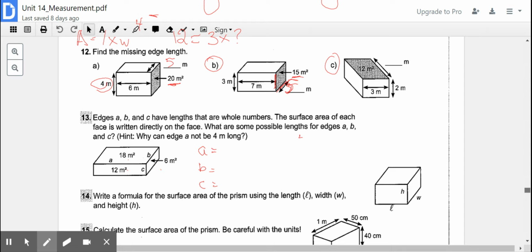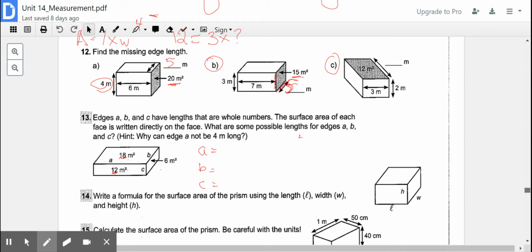I'm guessing that it can't be 4 because 4 goes into 12. It's a factor of 12, but 4 is not a factor of 18, and A is shared between them. So what other factors for 12 and 18 do we have?